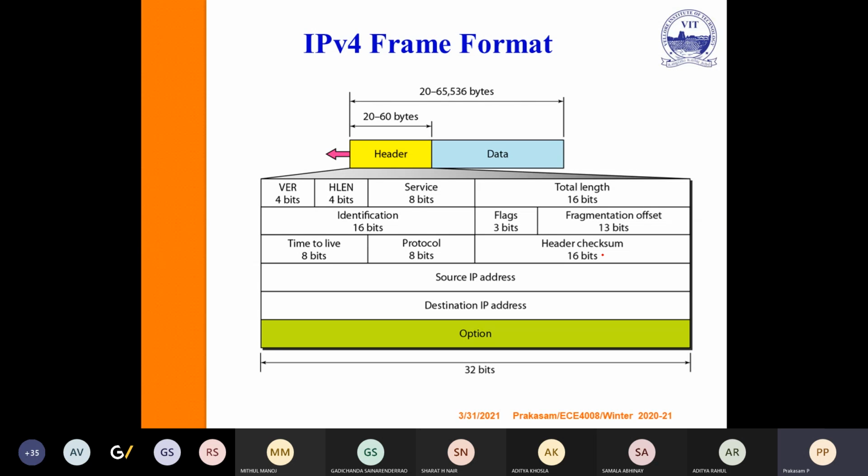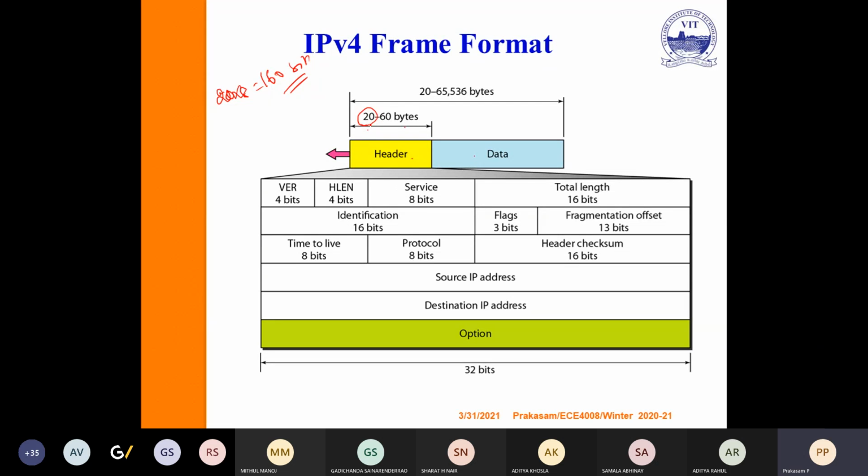Internet Protocol version 4. If you see the frame format of IPv4, it always contains header plus data. The header will vary from 20 to 60 bytes. Minimum it requires 20 bytes. The minimum length of the header is 20 bytes, so 20 into 8 is 160, the minimum being 160 bits.